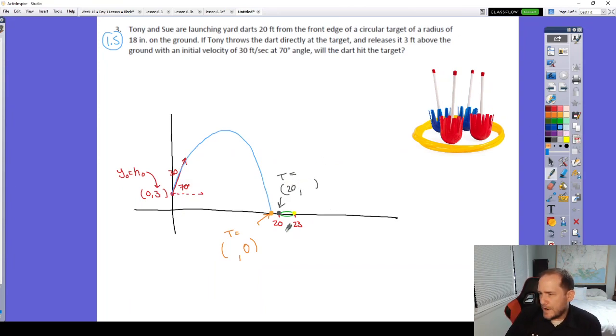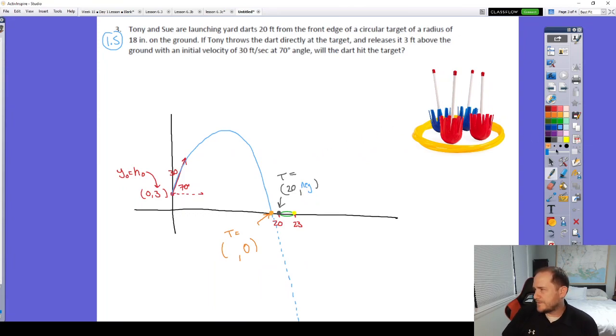Now remember, our model will assume that Tony's lawn dart will hit the ground and then just continue to burrow its way all the way through the earth and then all the way down to hell. Okay, not really, but you know. So what would happen then here? Wouldn't you get a negative height? If the lawn dart had already hit the ground, then you'll get a negative, right?